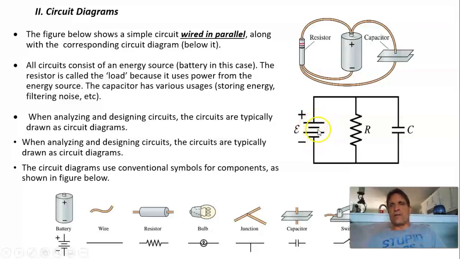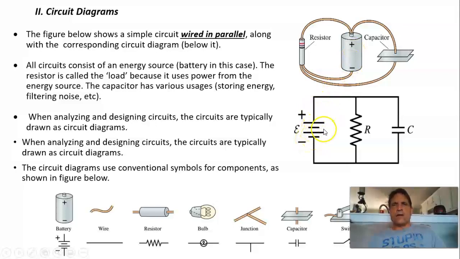Don't ask me why they use 4 lines and not 2. Often they use 4, sometimes they use 2, just to mess with you. But the largest line corresponds to the positive, the smallest line corresponds to the negative. And so we're going to draw our battery as these 4 lines.